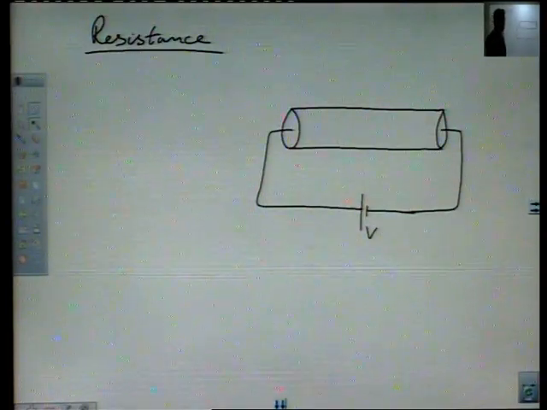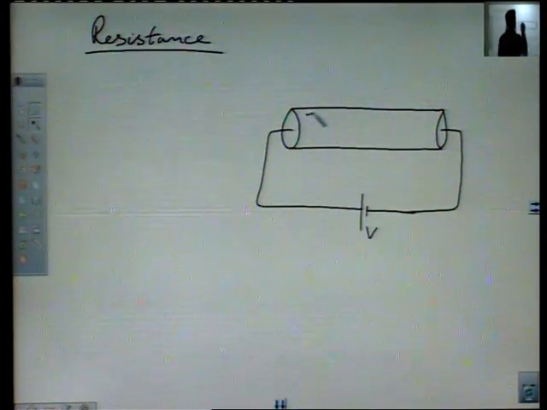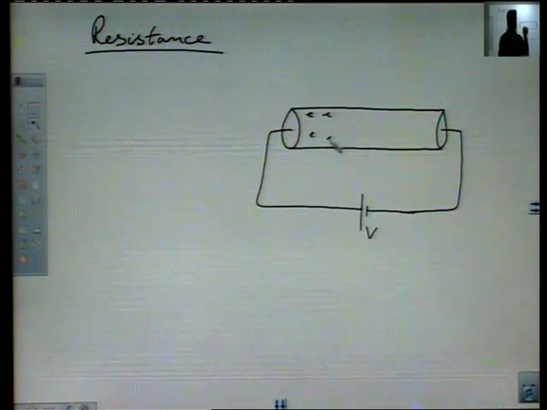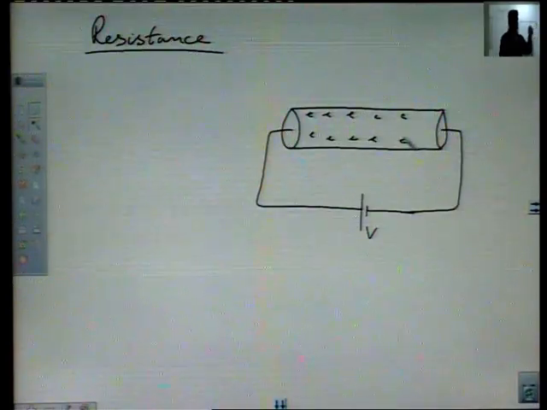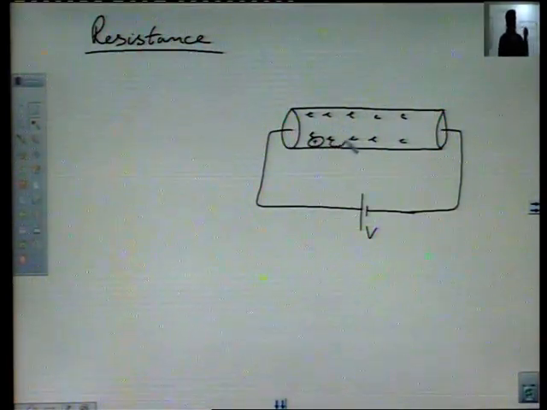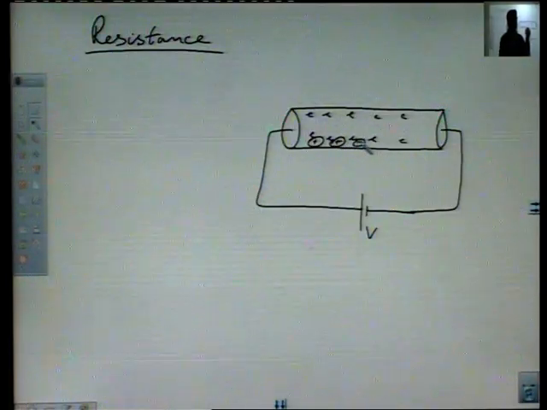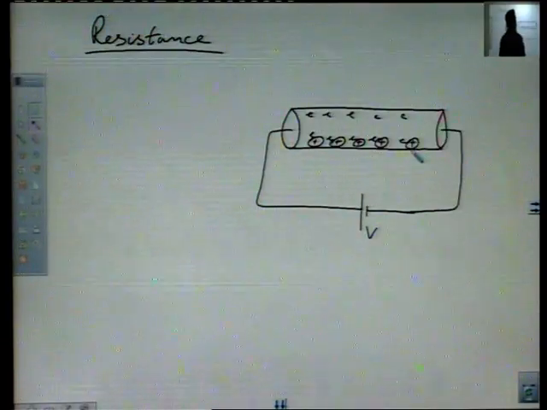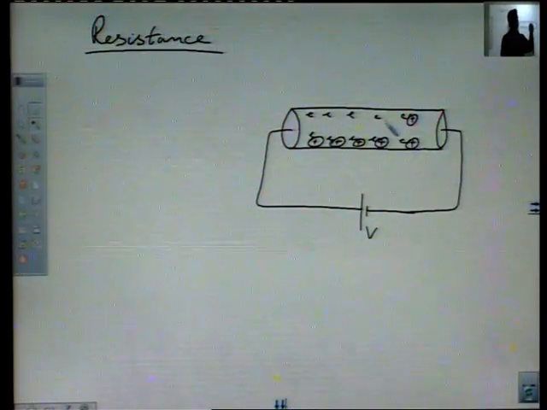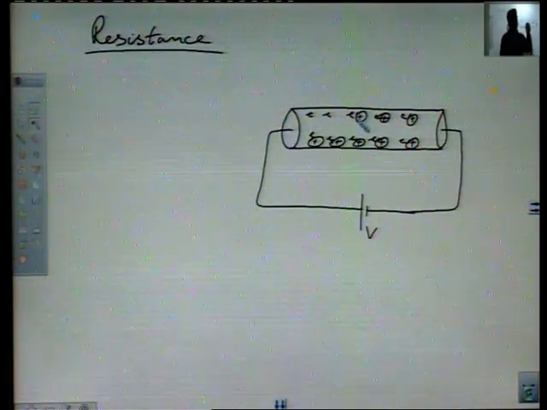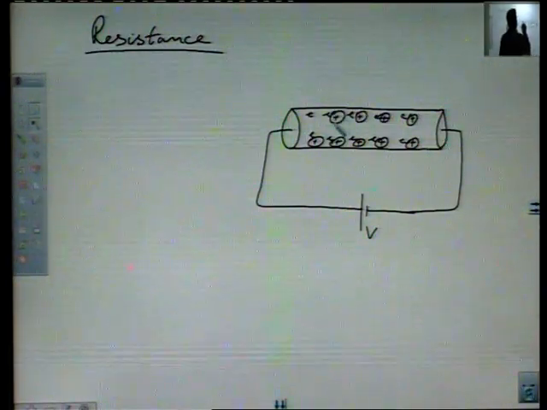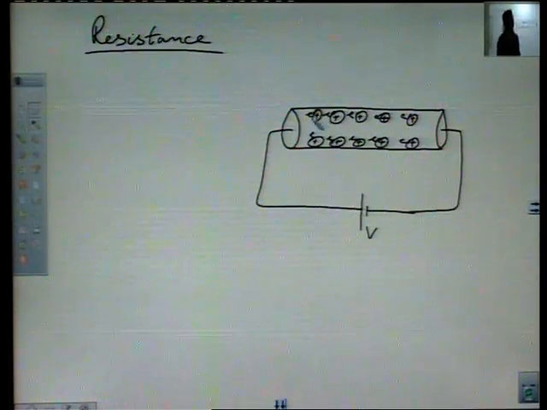This material contains some free electrons and heavy ions also, which we call kernels.